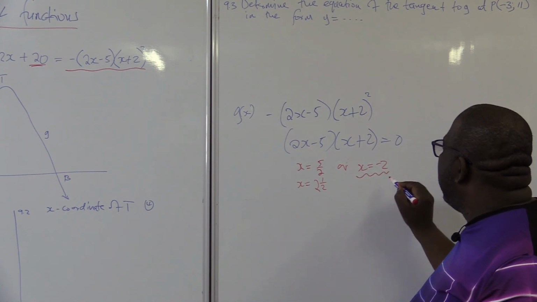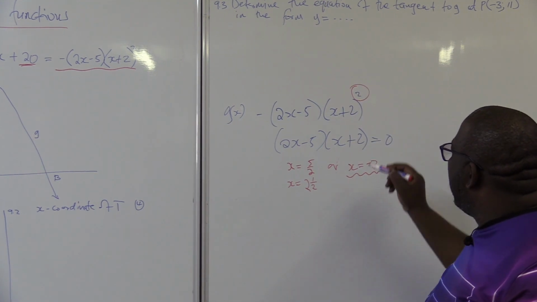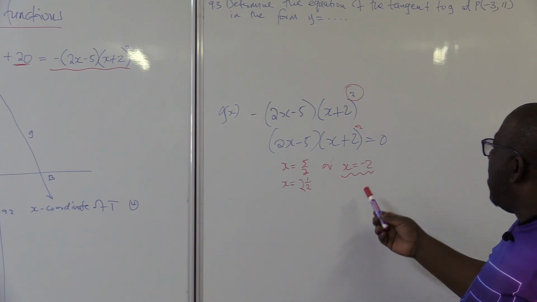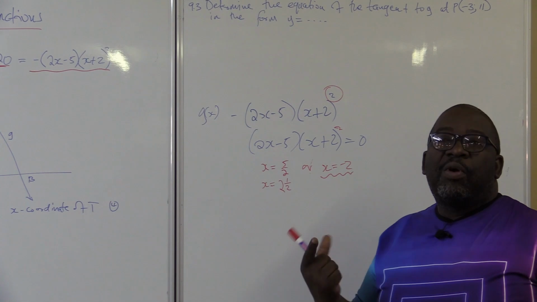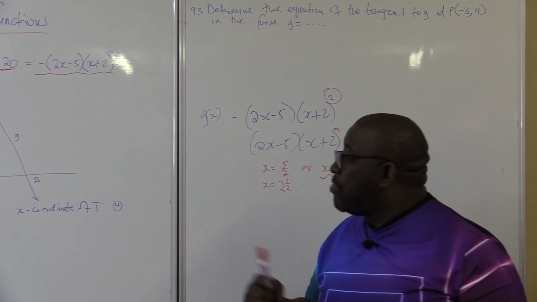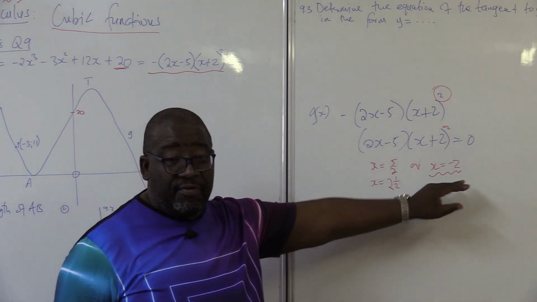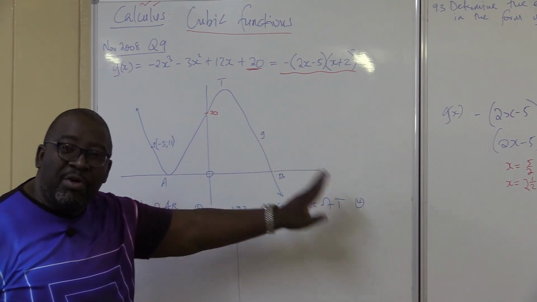Remember this side, it is where it is a turning point because it is squared there. Remember it was squared. I did not put the squared there. Because it was squared there, hence I know where x is equal to 2, it is where it will be turning because there will be 2 equal roots at that particular point. And I know that value is what? It is negative. When I look at my graph, this part is negative, that part is positive.